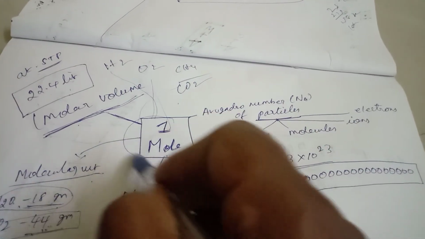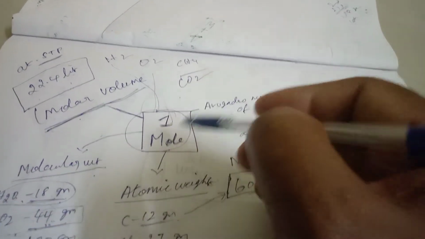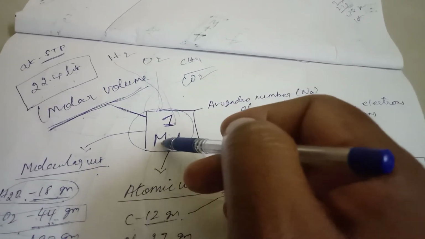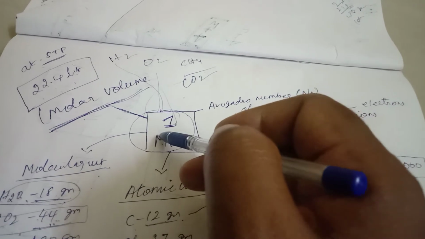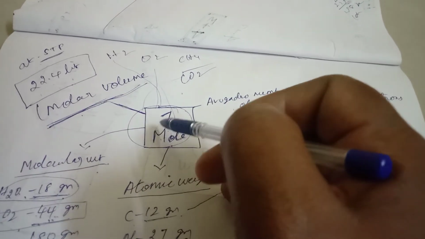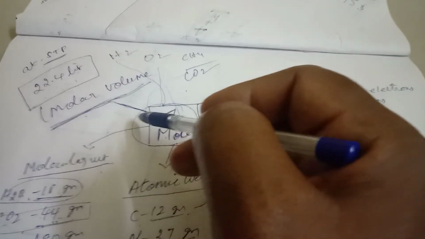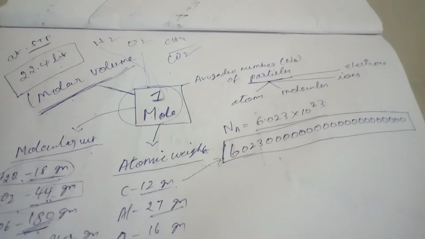So 1 mole is equal to Avogadro number of particles. If it is atom, equal to atomic weight; if it is molecule, that is molecular weight; if it is gas, 1 mole is equal to its molar volume, 22.4 liter. Clear? Okay.